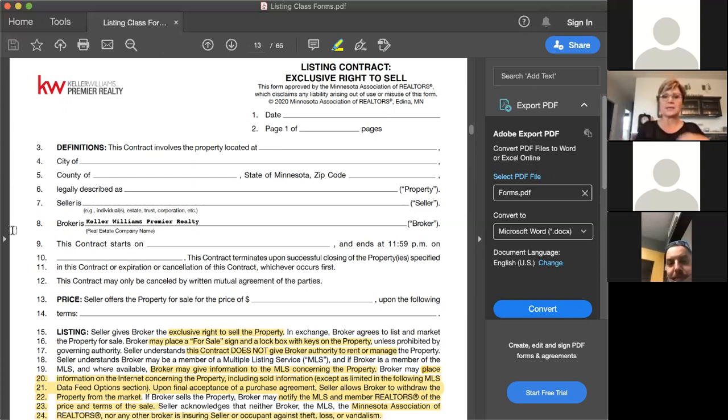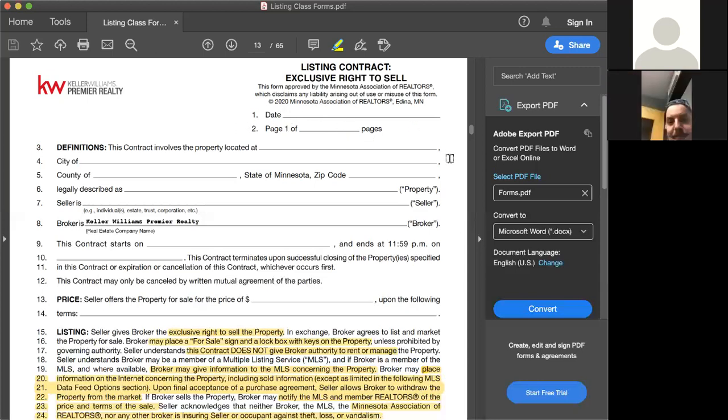Don't leave blanks. So very key, we need the date that you are sitting down to have your sellers sign the contract, okay? The listing doesn't necessarily have to start that day, but this is the date that you're signing the contract, okay? So we want the date in there, and then the page numbers, that's also important.